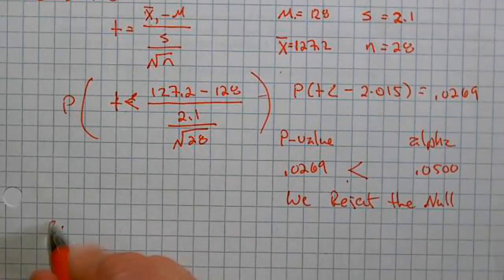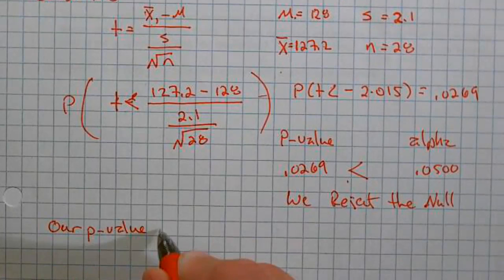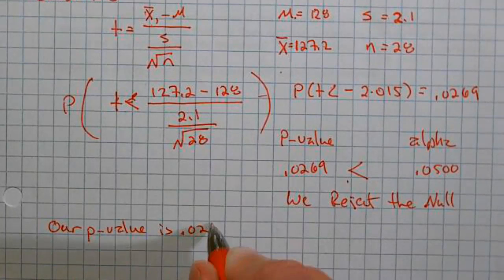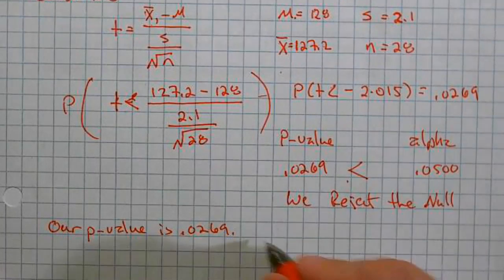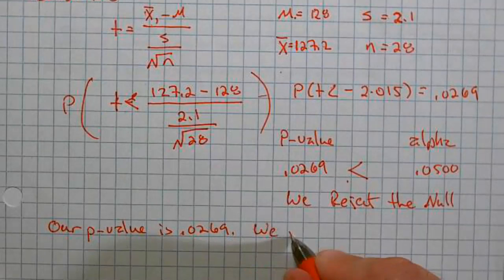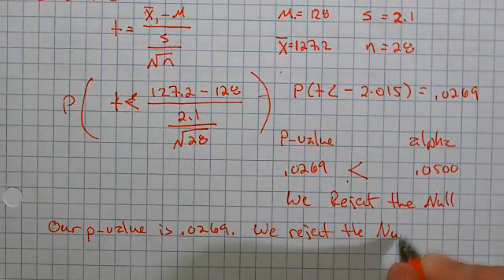So in this case, our p-value is 0.0269. We reject the null.